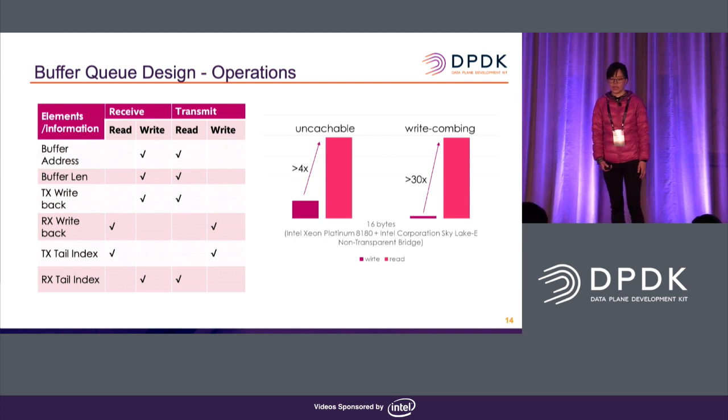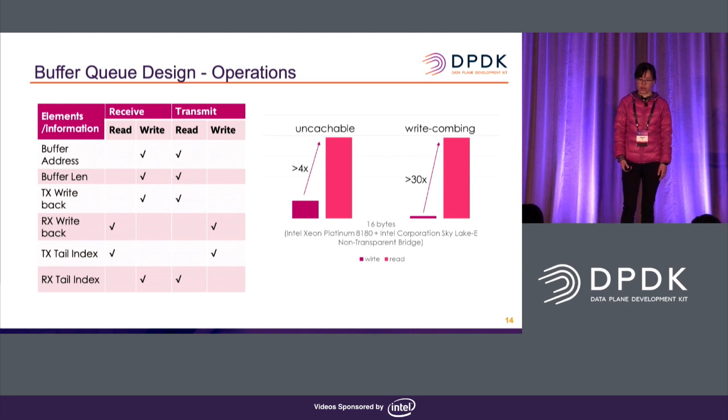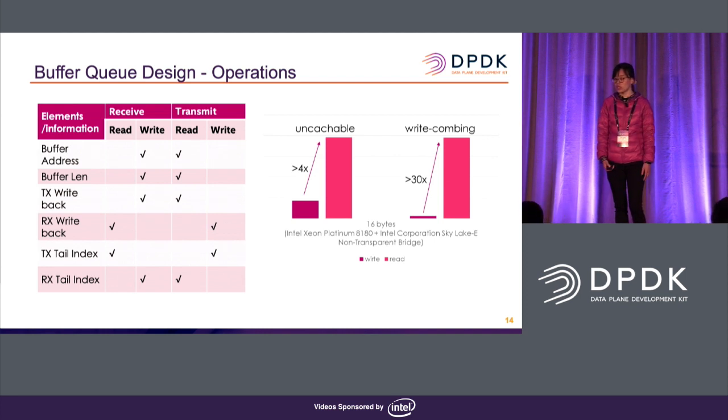We can see from the right picture that if we set the memory to be write combining and use an instruction to write and read 16 bytes of memory, the latency of the remote read is more than 30 times that of the remote write.